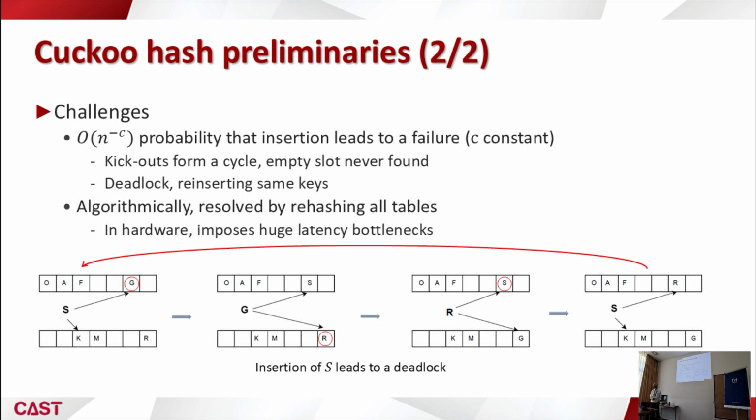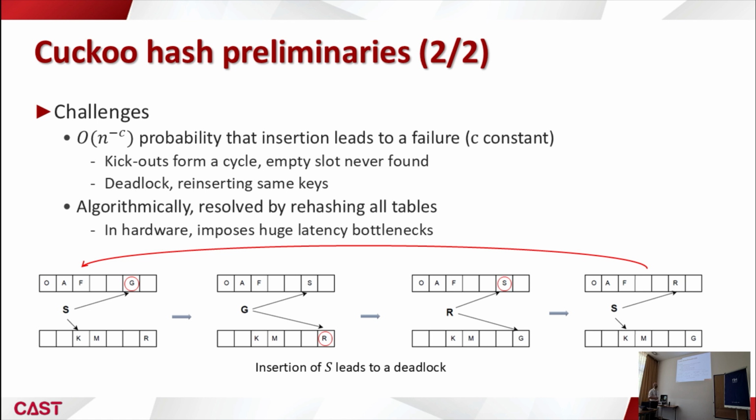The greatest drawback of this algorithm appears to be insertion failures. During the insertion process, there is a possibility that we cannot store a new key-value pair in the hash tables due to consecutive collisions. Here we see that during the kick-out and reinsertion process, we reach the initial state where the initial key is kicked out, essentially forming a loop.